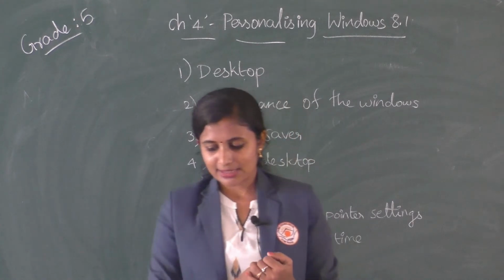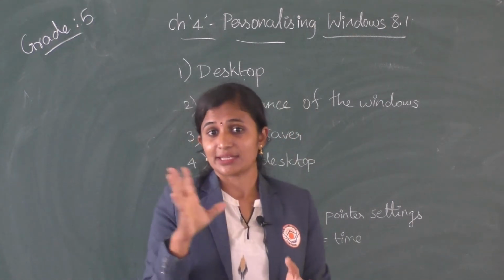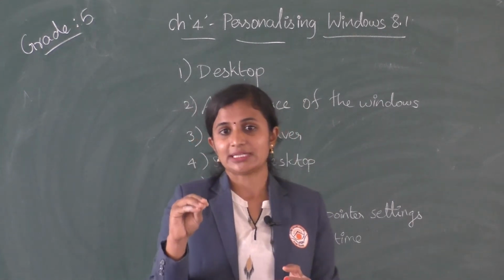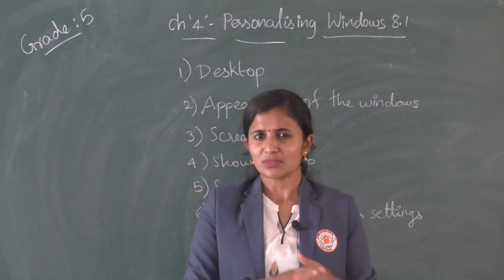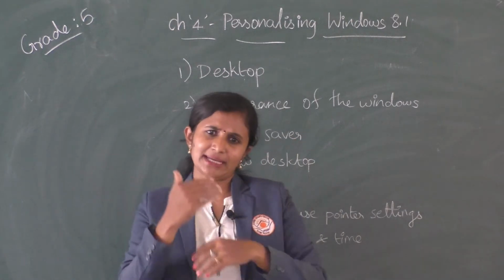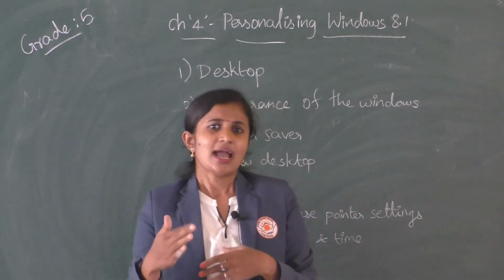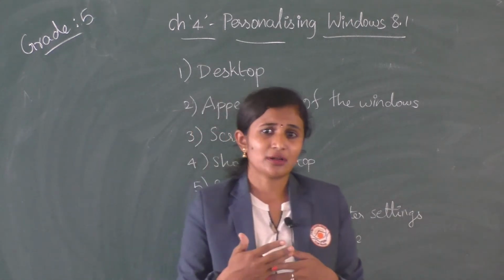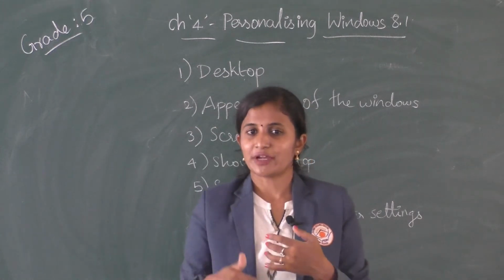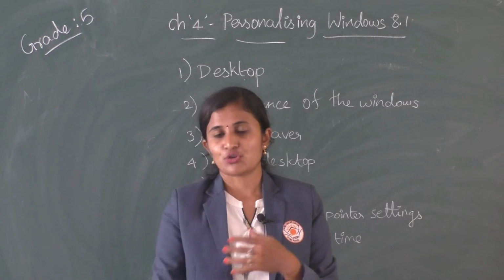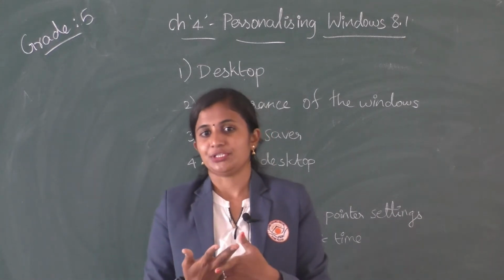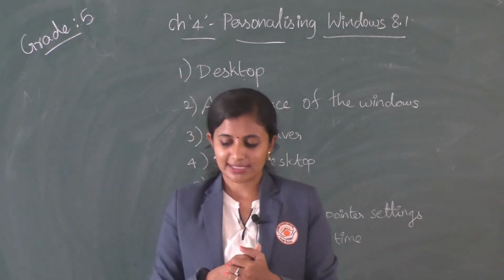Next, we can set a screensaver by setting the timings. Automatically the screen will be animated and will change every 5 to 10 seconds, or 5 to 15 seconds. We can set the time. Whenever we see the desktop, the screen will be changing automatically. This is called a screensaver.